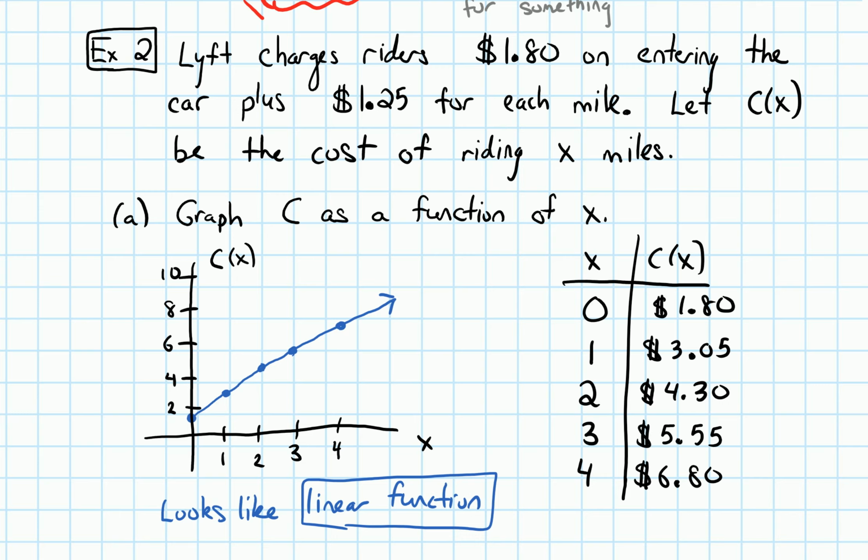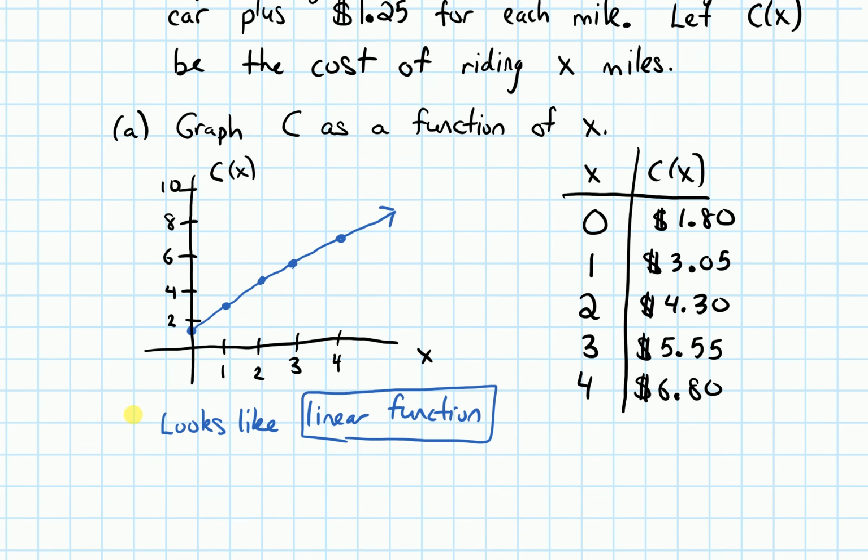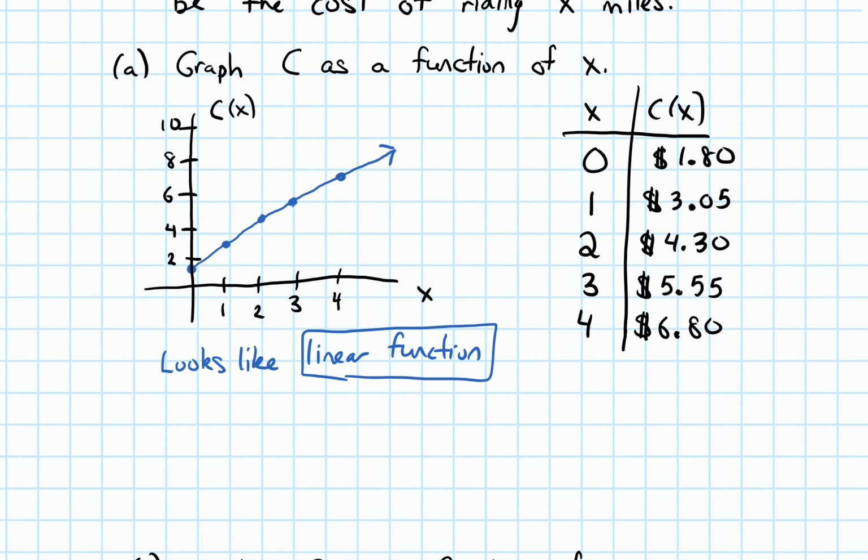Because I have this linear function, let's try to write the equation of this line. I have two choices from the review in the last video: either slope-intercept form or point-slope form. For this line, we know the y-intercept, so y equals mx plus b is easier.